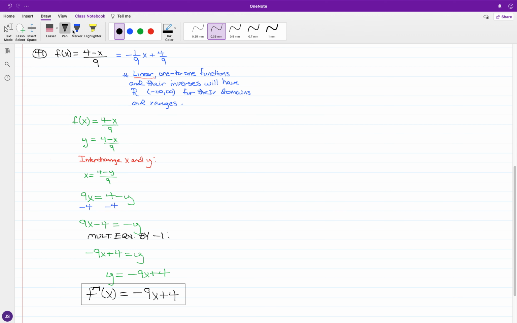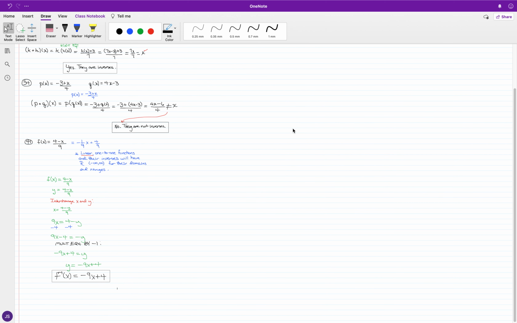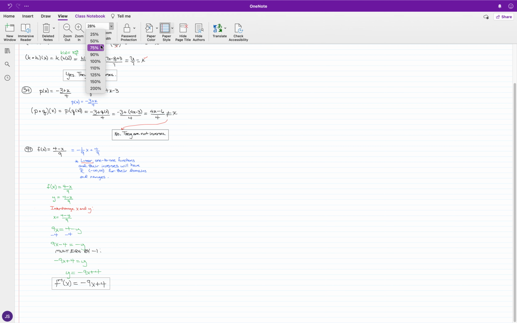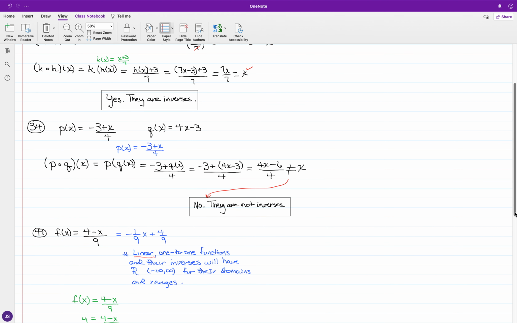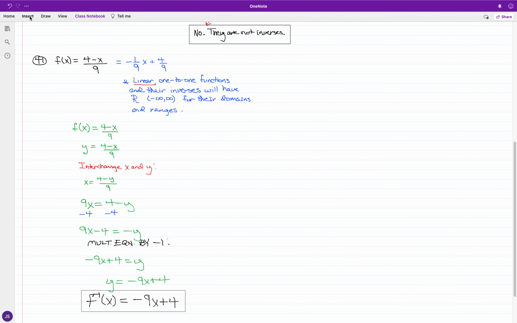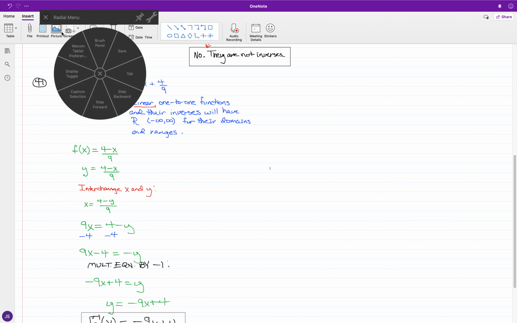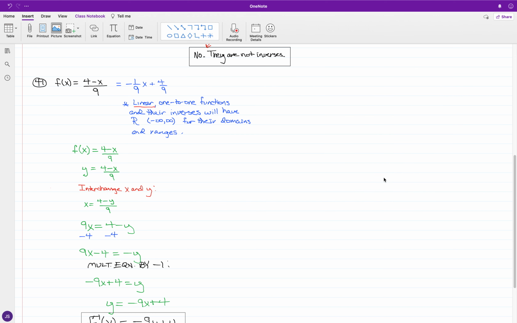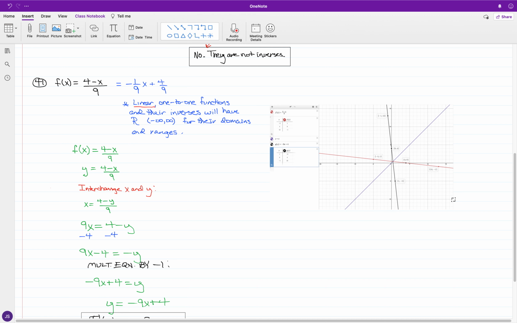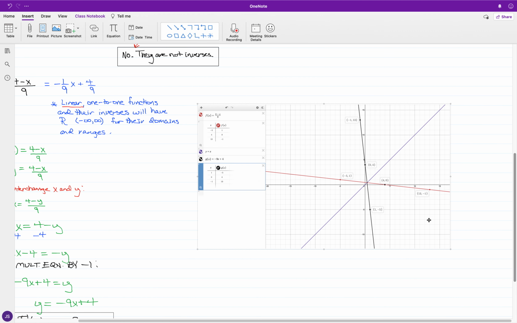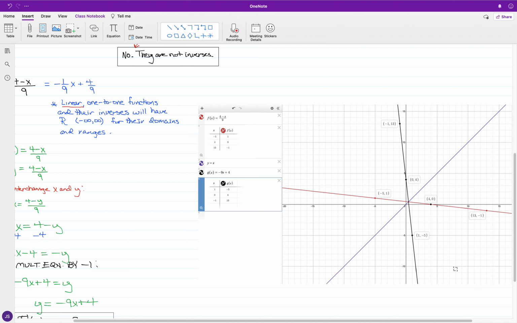And just kind of taking a view of what we have here, upon zooming in, we have f of x is equal to 4 minus x over 9.